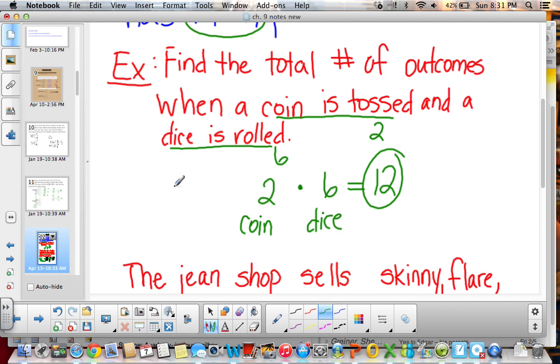Okay, so here's our example. Find the total number of outcomes when a coin is tossed and a dice is rolled, which is exactly what we just did. And remember, we had 2 options for our coin because it could be heads or tails. And then we had 6 options for our dice because it could be 1, 2, 3, 4, 5, 6. What we can do is multiply 2 times 6 to get 12.